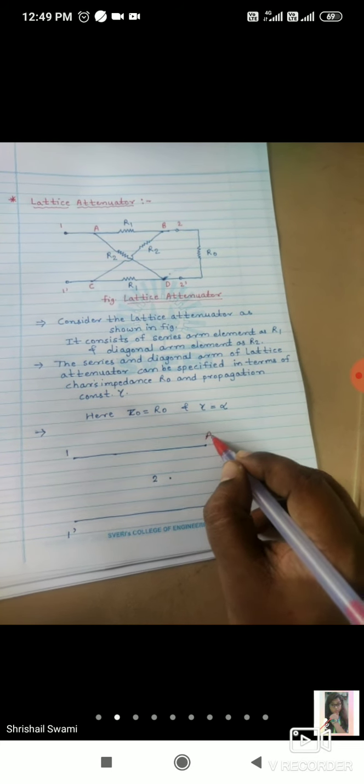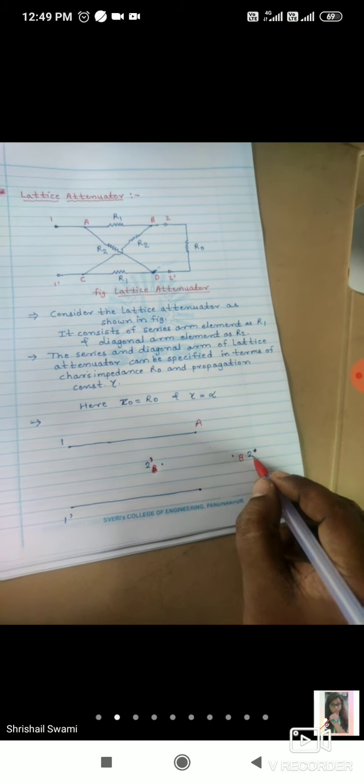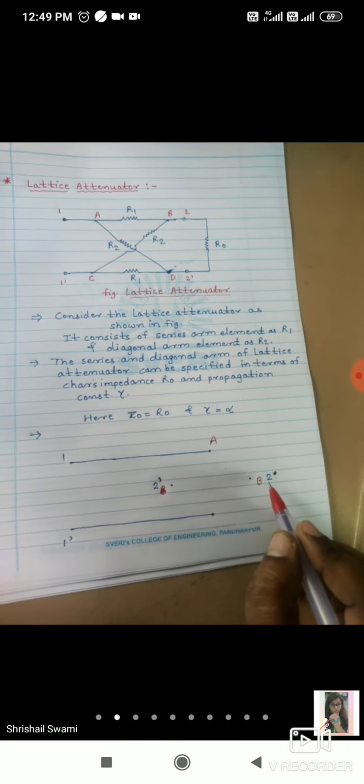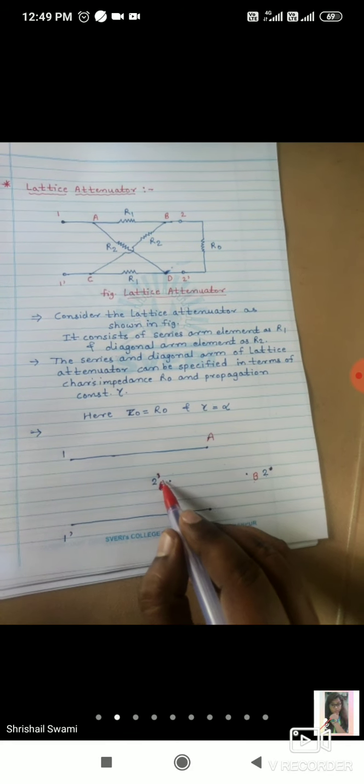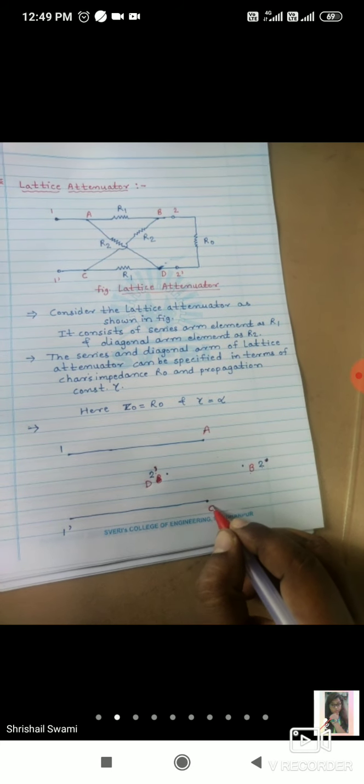So this will be point A, and this will be considered as B. At 2 there will be B. At 2 dash there will be D, and this we can consider as the C point.